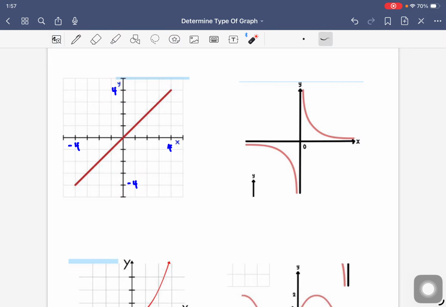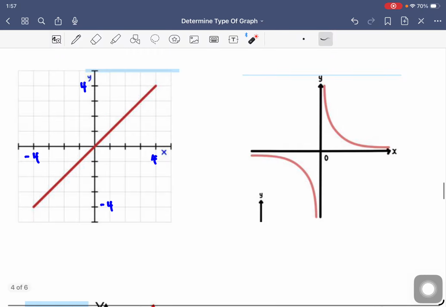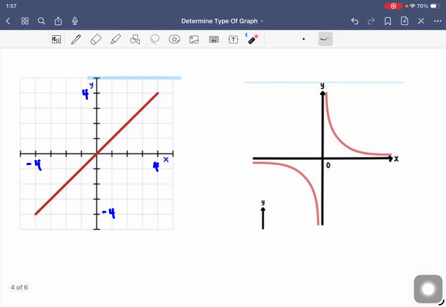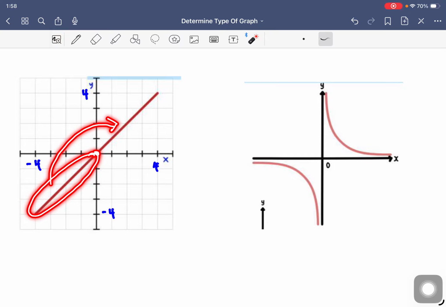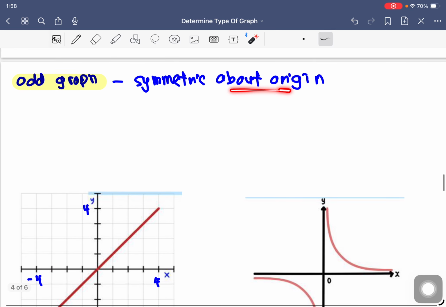That will be the odd graph. So the transformation for the odd graph is that the bottom side is transposed to the upper side through the origin. This graph at the bottom side will be transformed to the upper side, meaning it is symmetric about the origin.